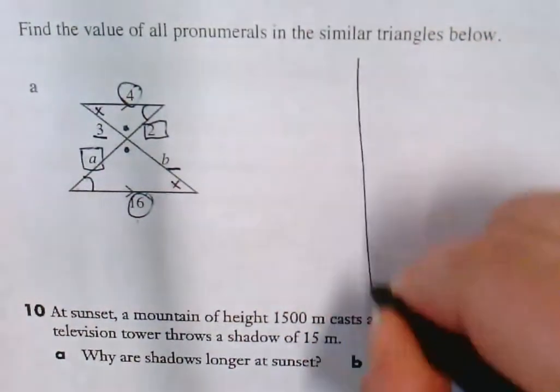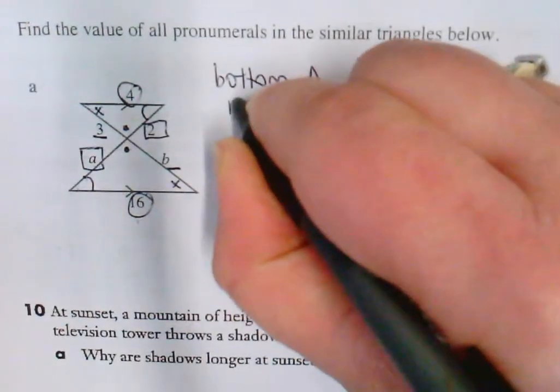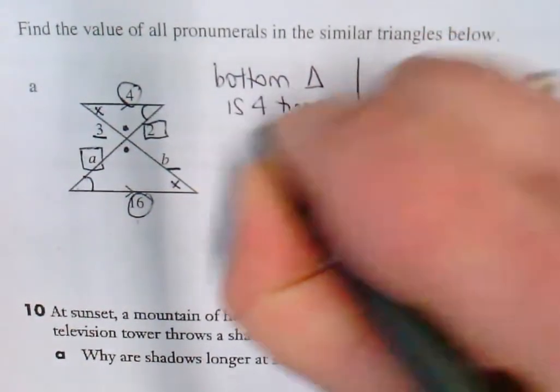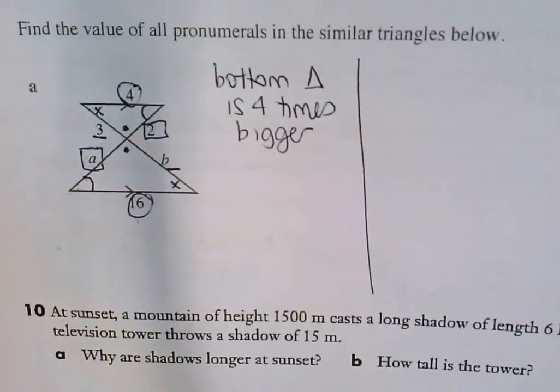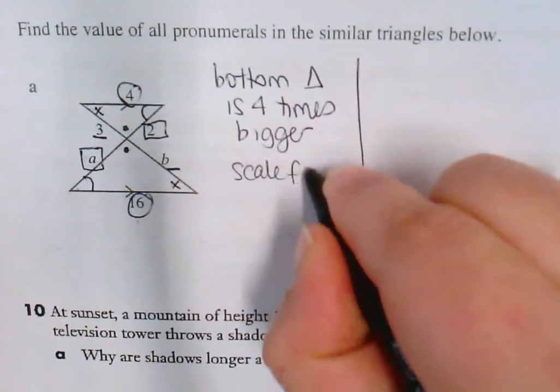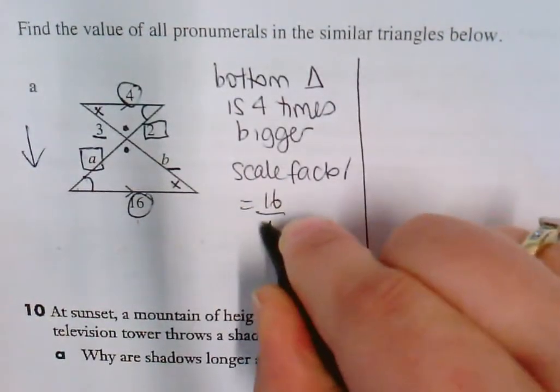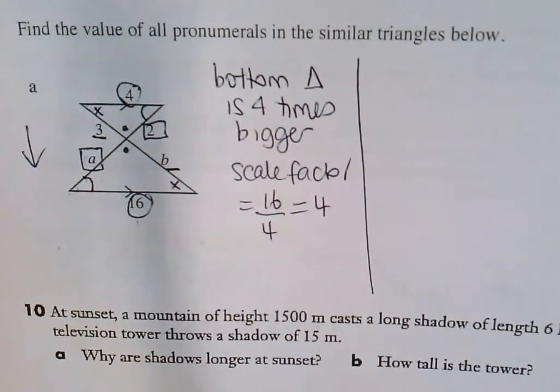So I'm going to do a little thing on that the bottom triangle is 4 times bigger. How can I tell? This is where sometimes it's best not to use rules. If you want, you can go the scale factor. You know how it's the second object over the first? It's 16 over 4 are matching sides. We're getting a scale factor of 4.